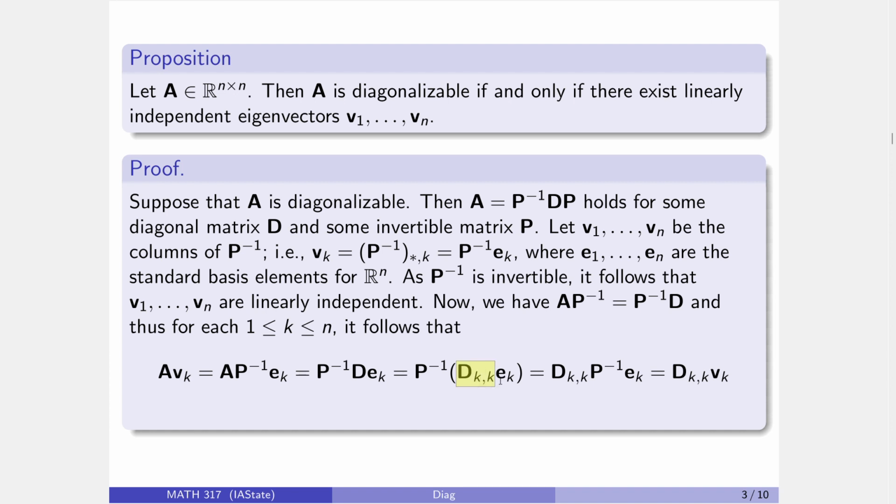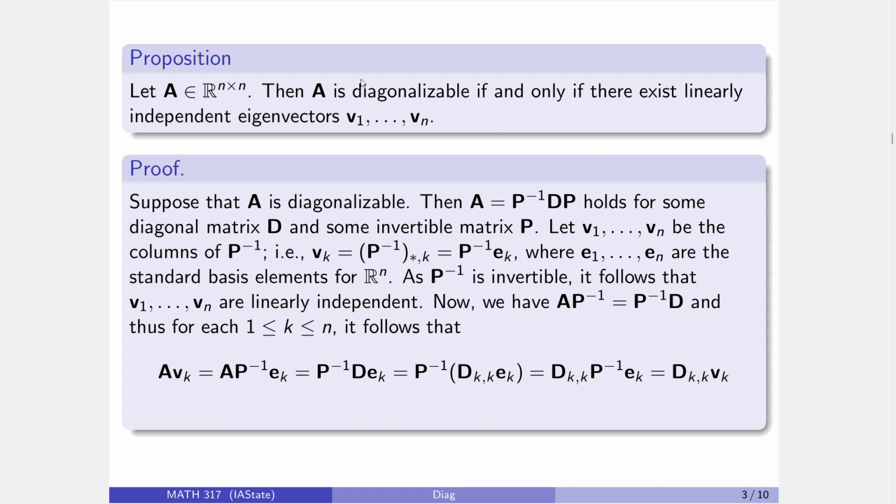This here is a scalar, so I can pull it out. And, oh, looky here, P inverse ek is how we defined vk in the first place. And there we go. The vk's are indeed eigenvectors, and their associated eigenvalues are precisely the corresponding diagonal entries in D.